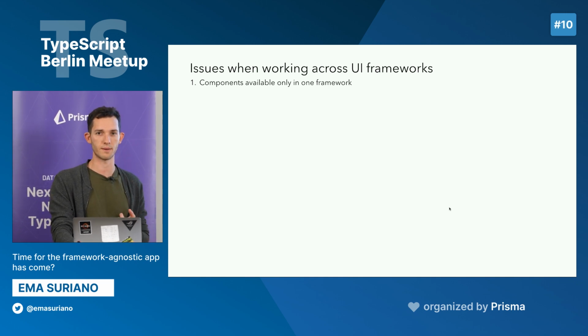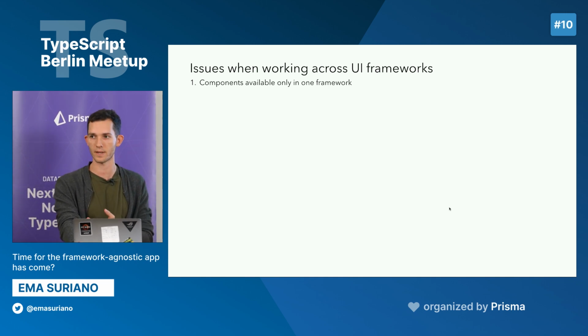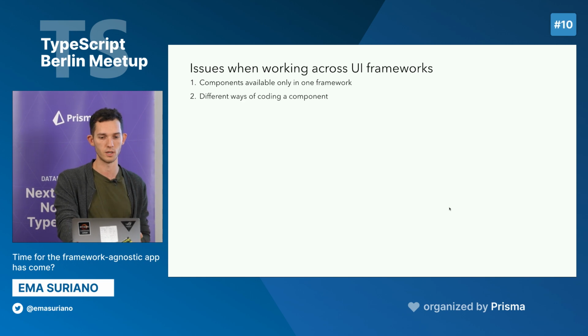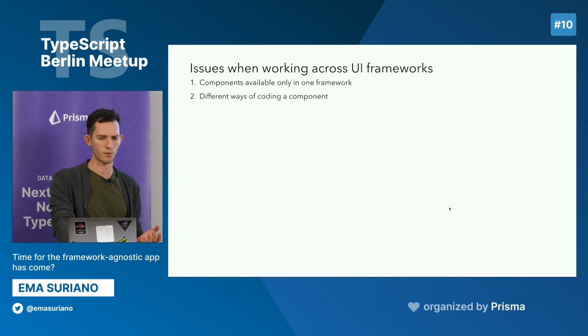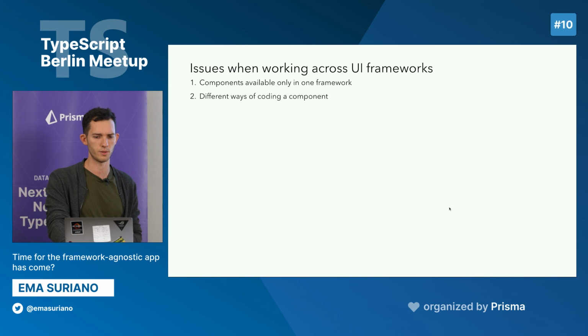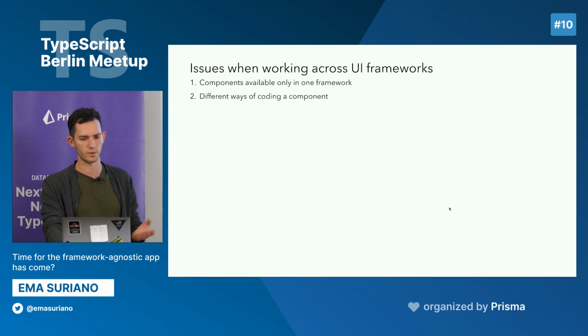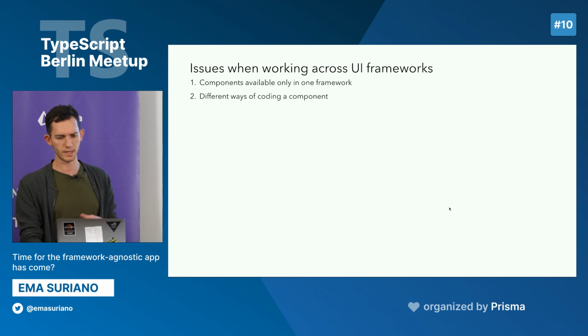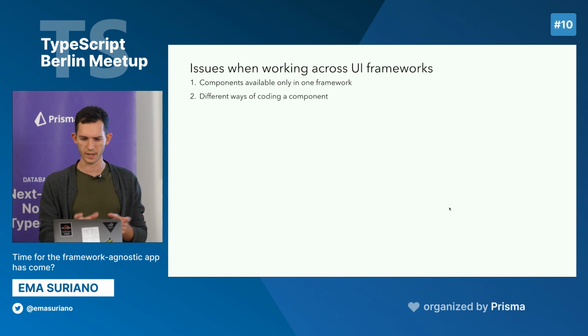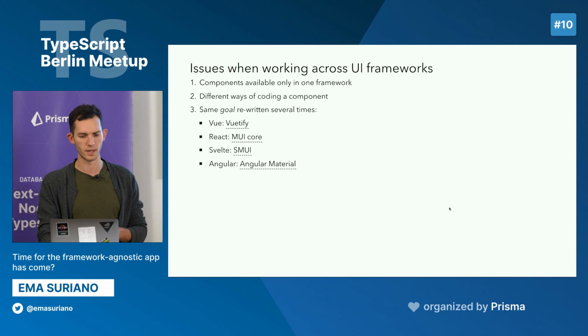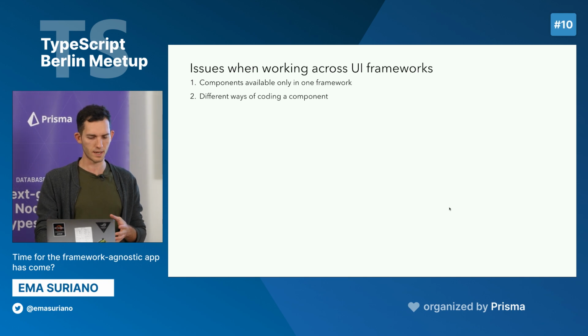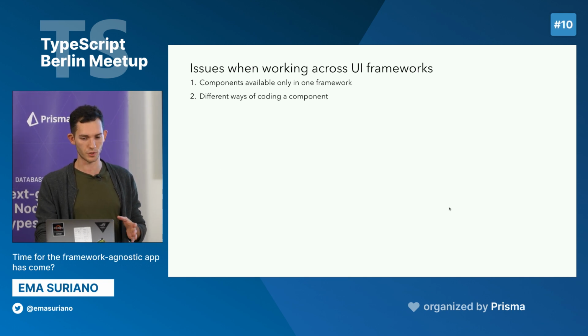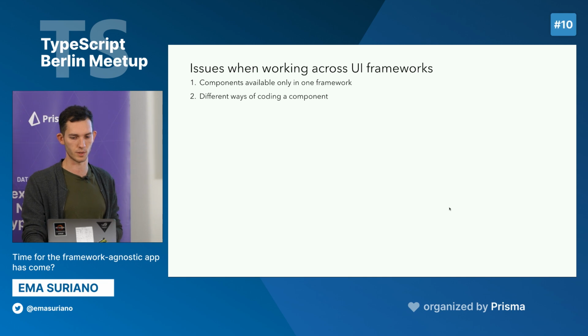In React we have so many components, but when we move to Svelte we are lacking a lot. Also, the ways of coding differ a lot. We use hooks in React, in Vue we use bidirectional data flow with linked data between components and the UI. And it might create some confusion when working between them.